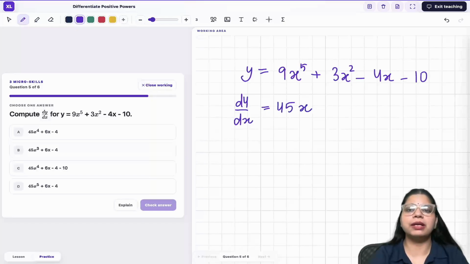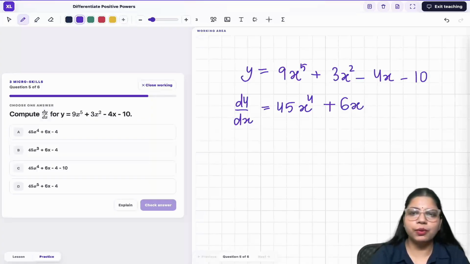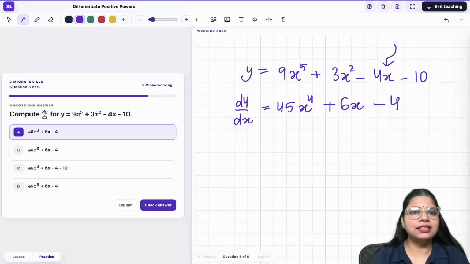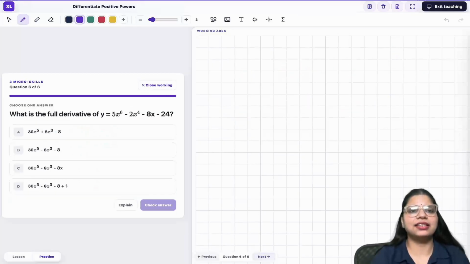Reduce the indices by 1. Then 3x squared: indices times coefficient gives us 6. Reduce it by 1, so 2 take away 1 is 1. Minus, when you have only x, you get the coefficient left. And for the constant term, we have 0. So it matches with the first option. Let's check, and it's correct.